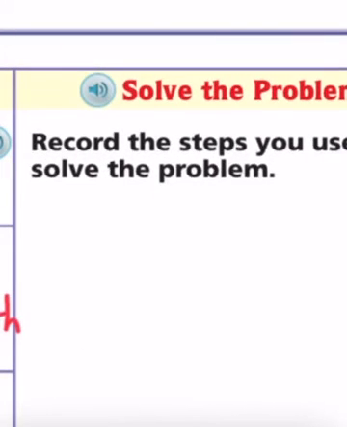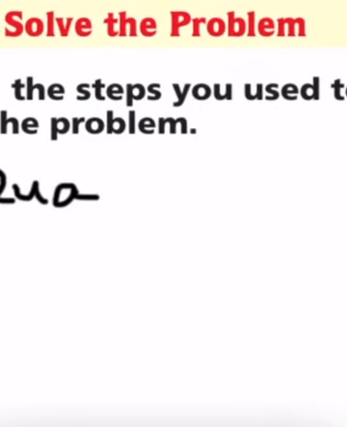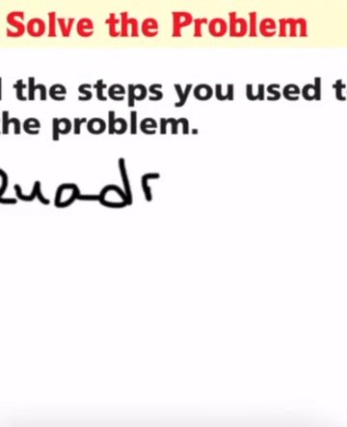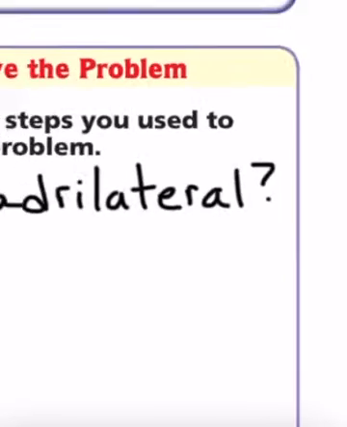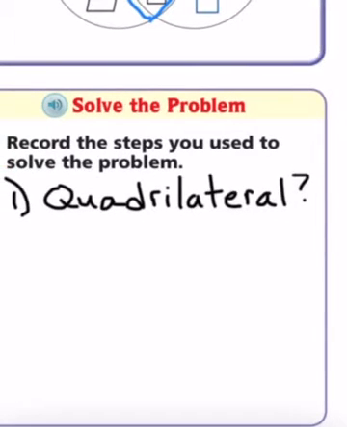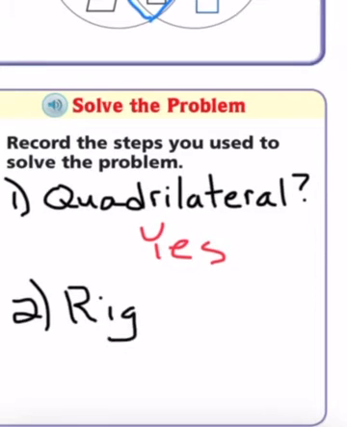So first thing, I'm just going to write, I'm thinking, is it a quadrilateral? I'm just going to write quadrilateral with a question mark. And yes, it is.